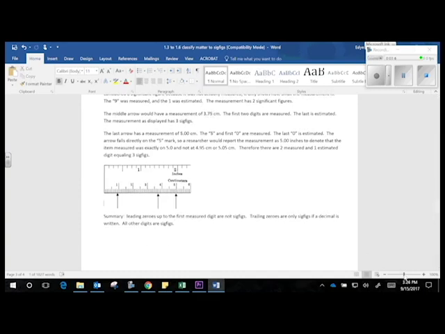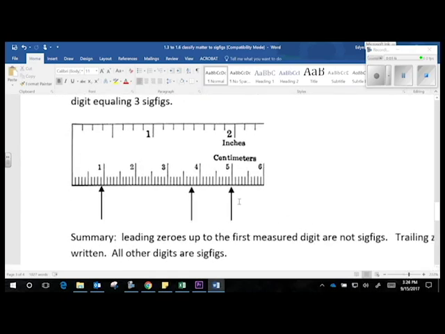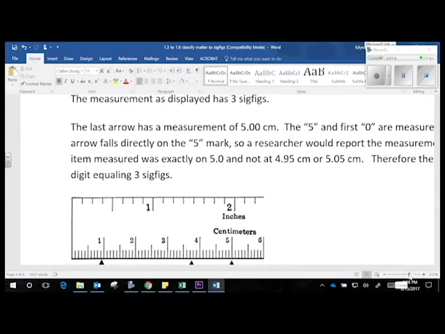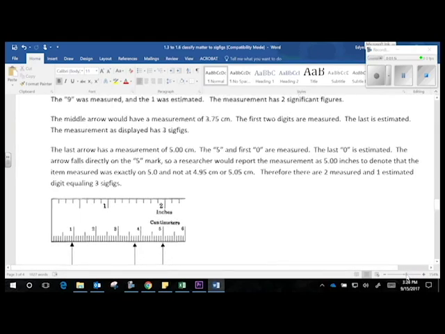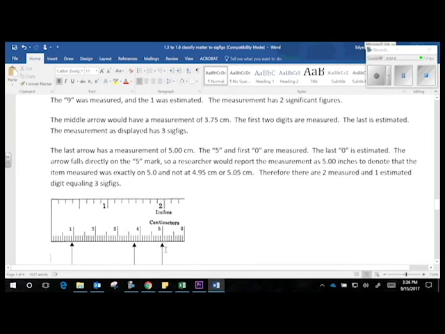Now this last one, notice it's falling right on the 5. If I just write the number 5, that's not giving you the information that the arrow is falling exactly on the 5. It's saying the arrow is falling somewhere between the 4 and the 6. If I write 5.0, then I'm saying the number is somewhere between 4.9 and 5.1.